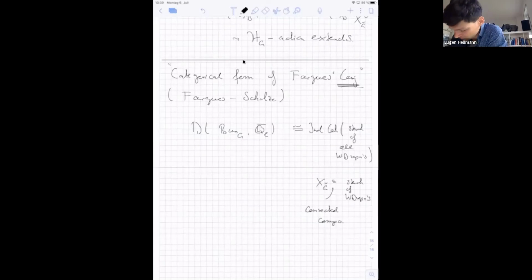Okay, so on the other side, you have a fully faithful embedding.